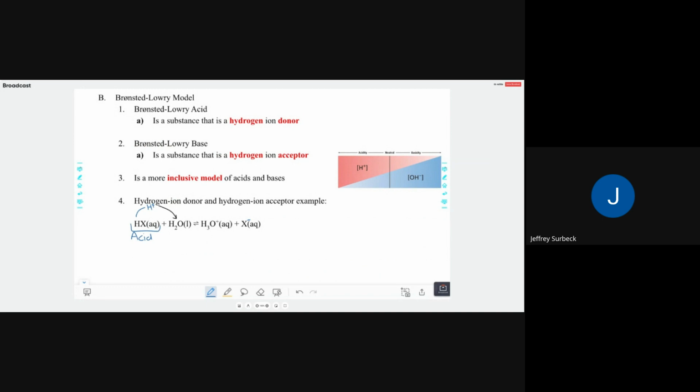Our water, because it is accepting that particular H, this is our base. Acid donated the H plus, base accepts that H plus, and we demonstrate that with this example here.